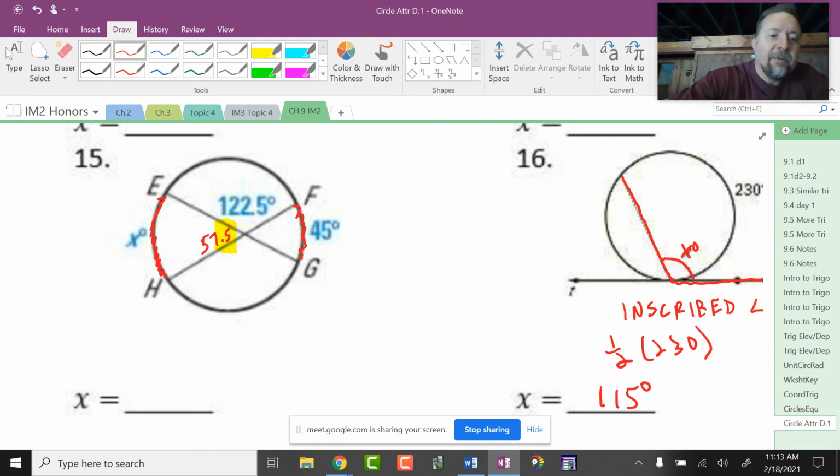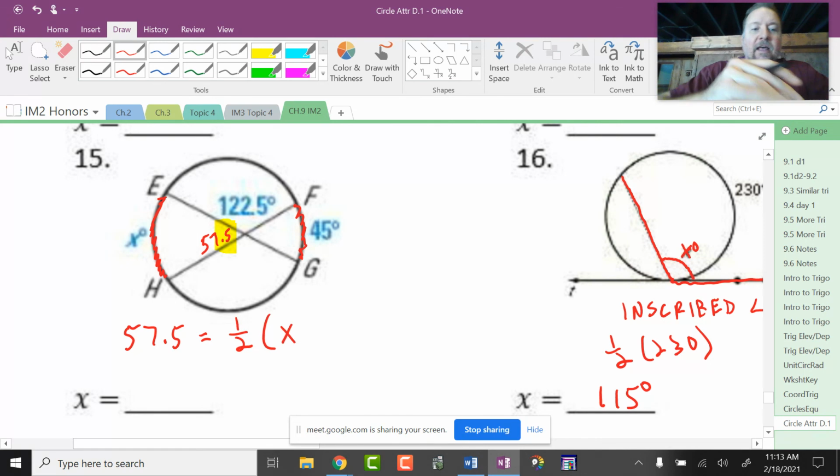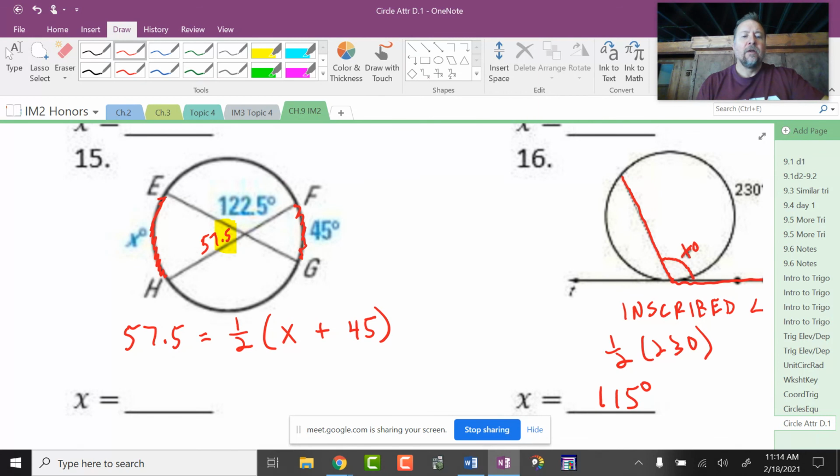But then here's what happens: putting the things in the right spot for the formula. It is the chord angle, and that equals half of the sum of the two arcs that the angle and its vertical counterpart cut. So just understand what you need to find through what's given here, then go from there.